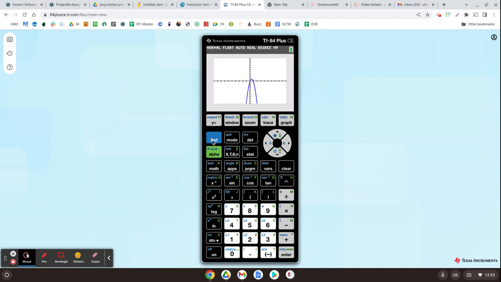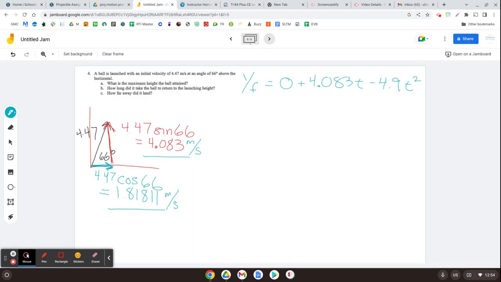So let's calculate the maximum. Second, calculate maximum. All we're doing is finding the vertex of this. And it looks like after 0.4166 seconds, our height will be 0.85 meters. 0.4166, see, look, 0.4166 here.